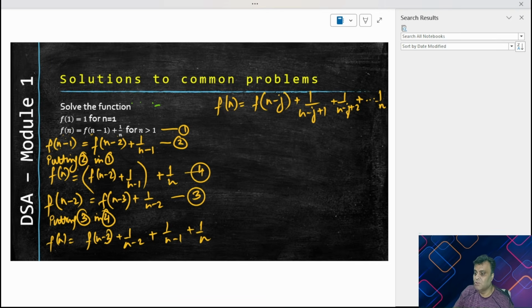Because this j could be any iteration beyond. This is the third iteration. After the fourth iteration there will be something, fifth iteration there will be something, jth iteration it will look like this.